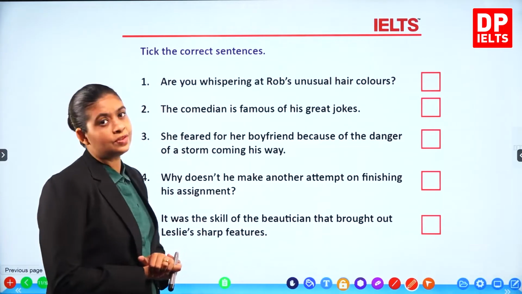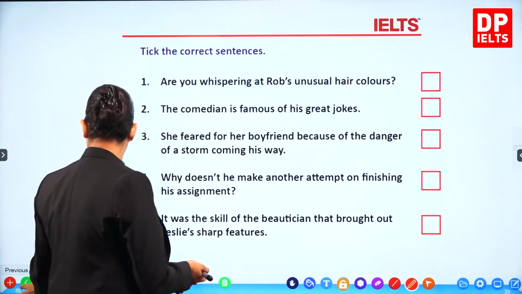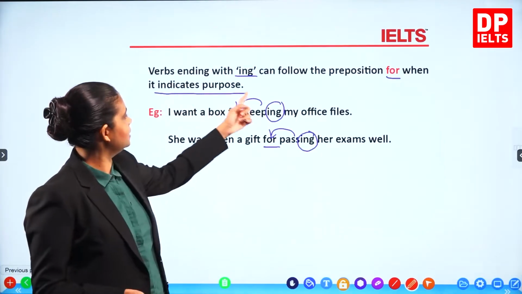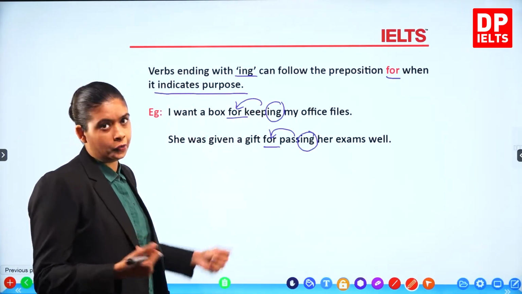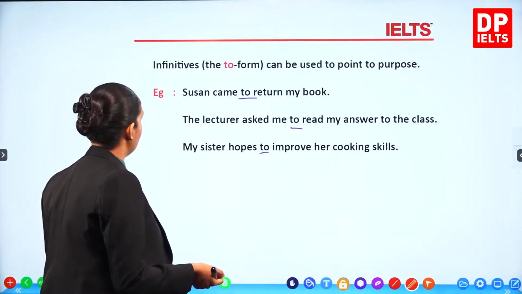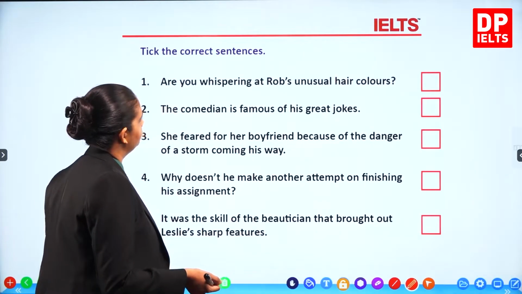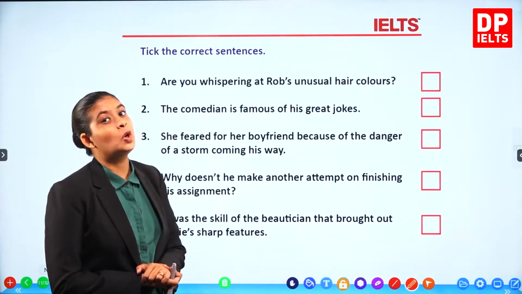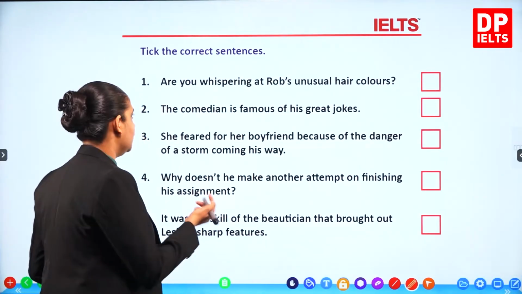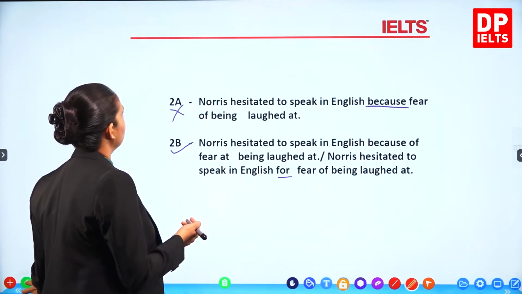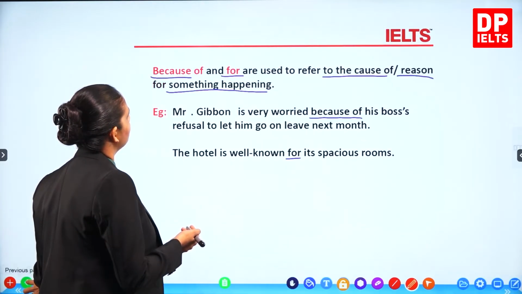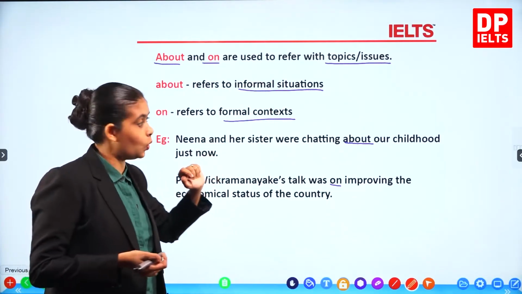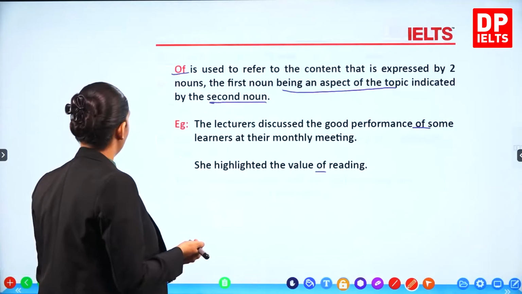So think about the preposition, right? Are you going to use at? How would you use it with the ing, okay? Verbs ending with ing, what would you use? Or is there another reason for it, okay? Or is it about a certain topic, right? Now think about it, if it's the ing one, or are you referring to something about a certain topic or an issue, okay?